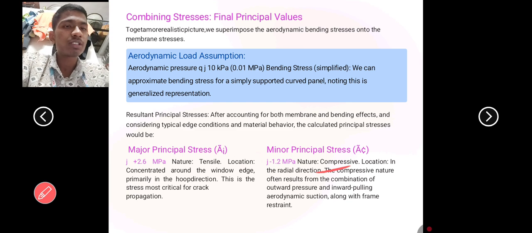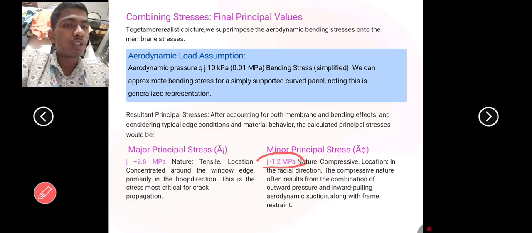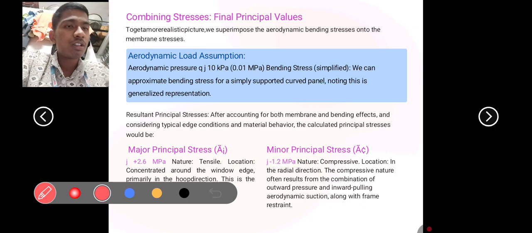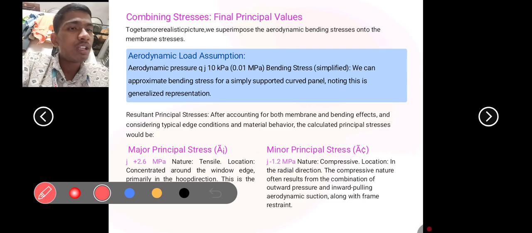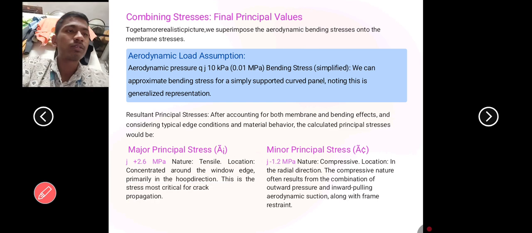Minor principal stresses are minus 0.02 to minus 1.2 megapascals. Nature: compressive. Location: in the radial direction. The compressive nature often results from the combination of outward pressure and inward-pulling aerodynamic suction, along with frame restraint.